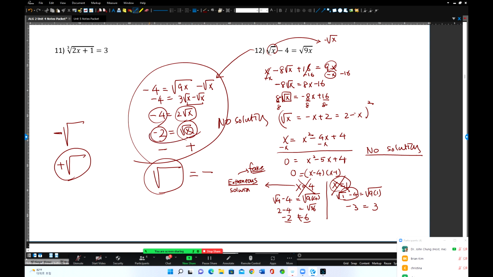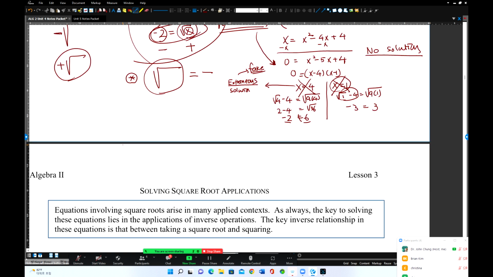So from here you can make the conclusion: no solution. That means you don't have to solve the long way. If you know this simple concept, easily you can find no solution. All right, that is number 12.